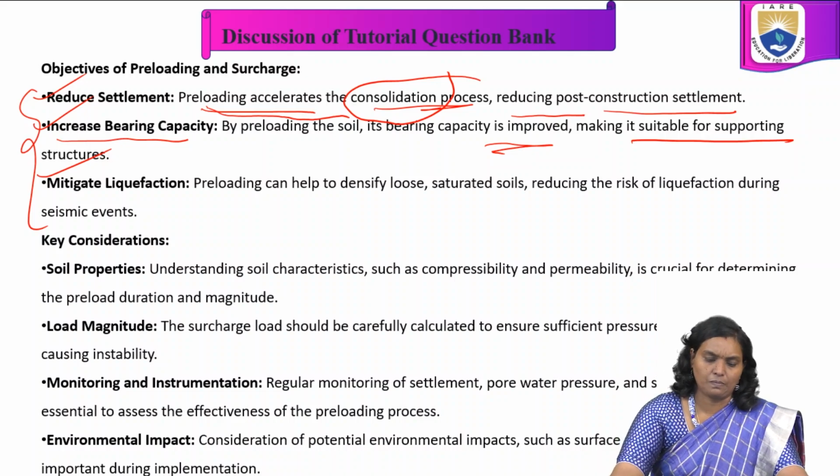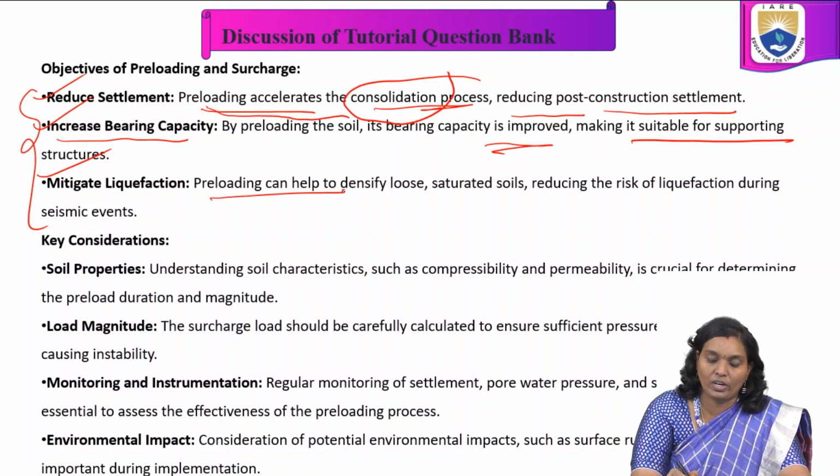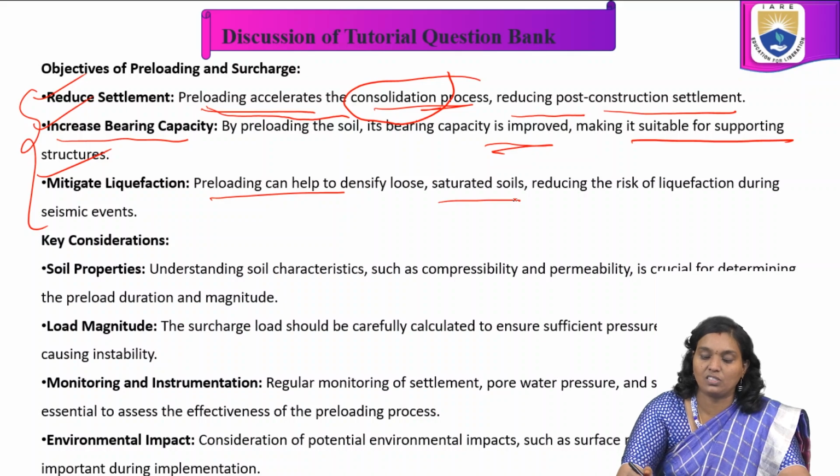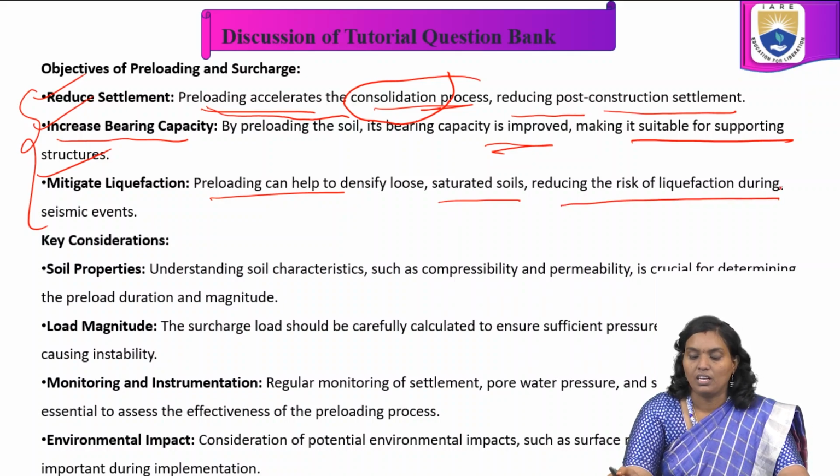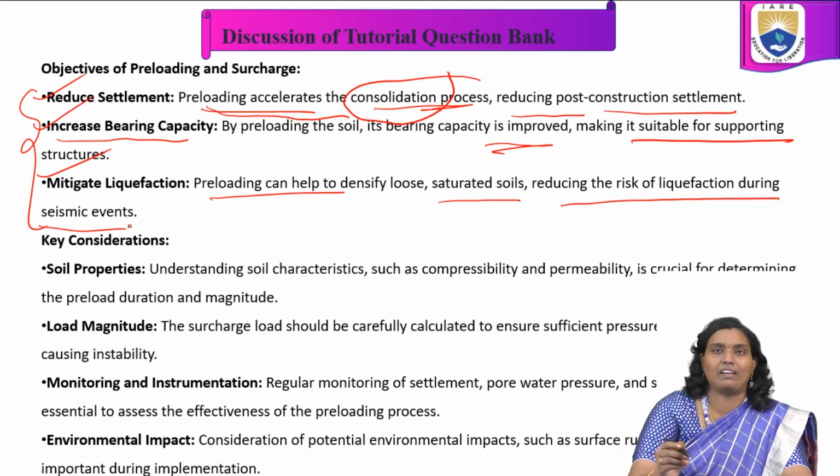Mitigation of liquefaction: preloading can help to densify loose saturated soil, reducing the risk of liquefaction during seismic events.